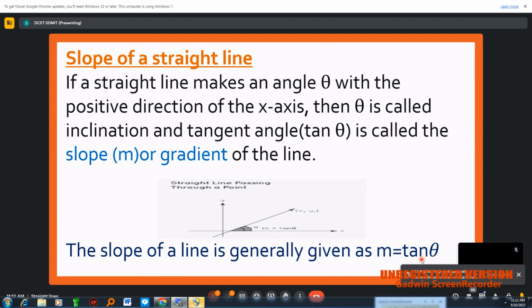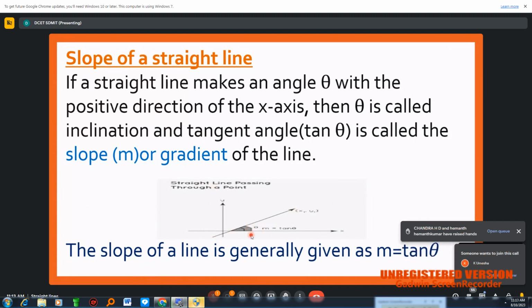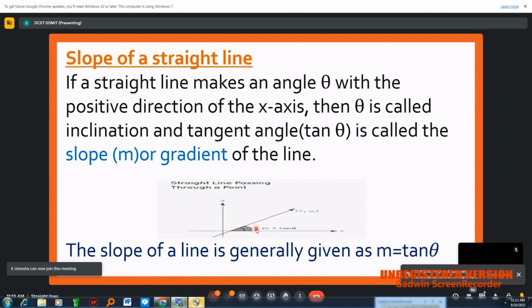Tan is a trigonometric ratio, where theta is the inclination angle. For a given straight line, we can make an angle theta with the positive x-axis, and using theta we can find the slope. Slope is tan theta.